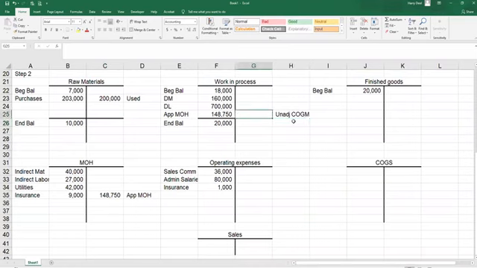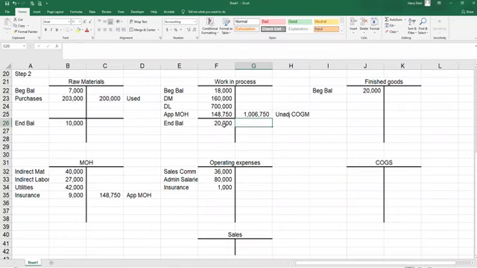So let's double check if that's what we will get. 18,000 plus 160,000 plus 700,000 plus 148,750 minus the ending balance is indeed 1,006,750. So this was interesting. We were given the unadjusted cost of goods manufactured.